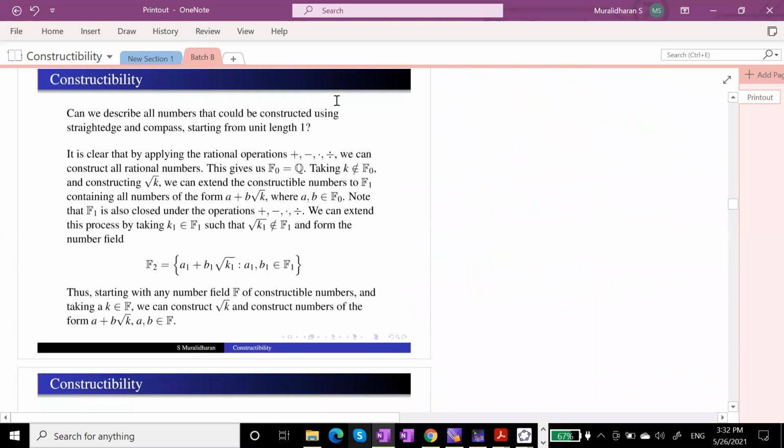Let's go back to finding. So what is our aim? D is the set of all constructible numbers.